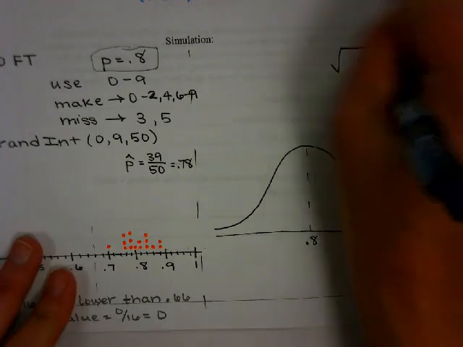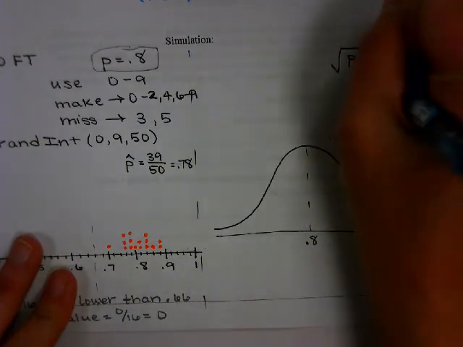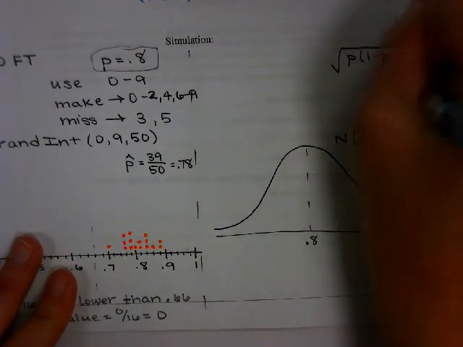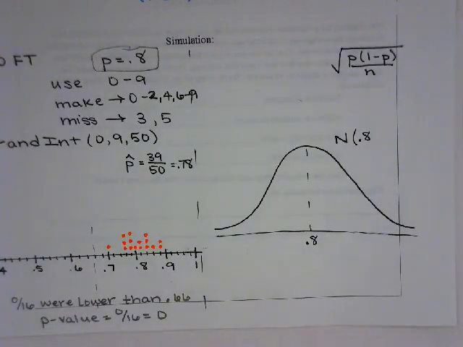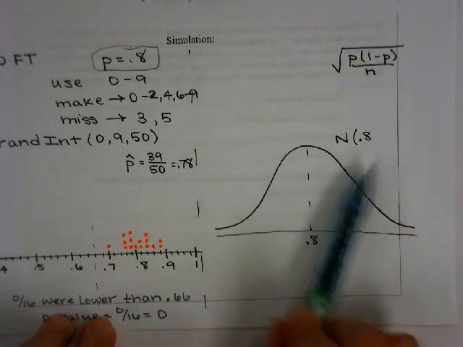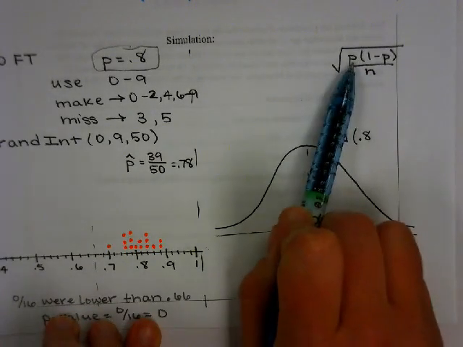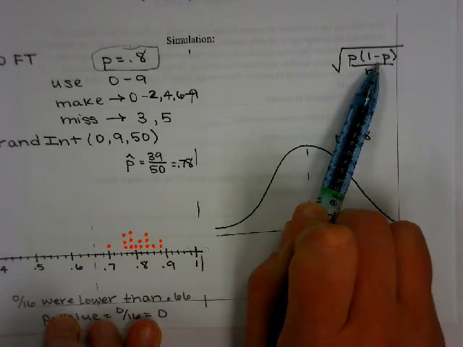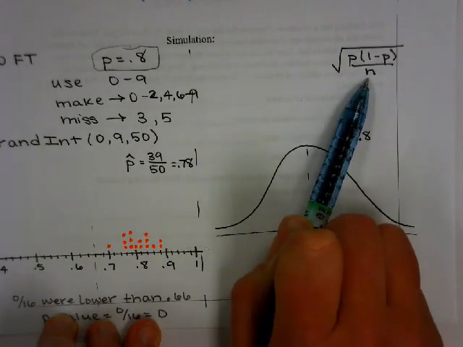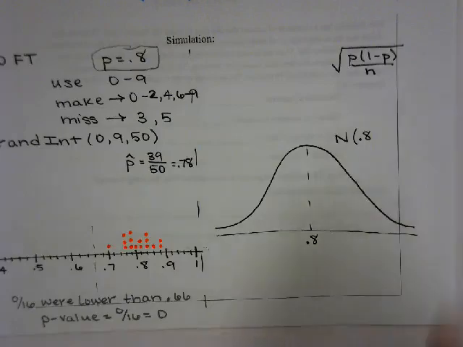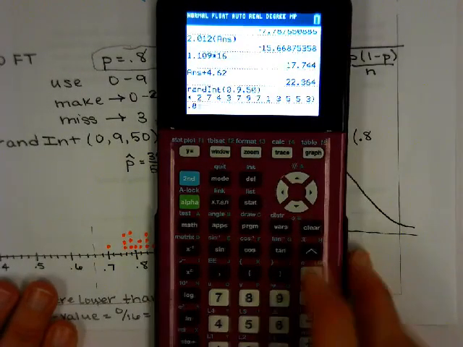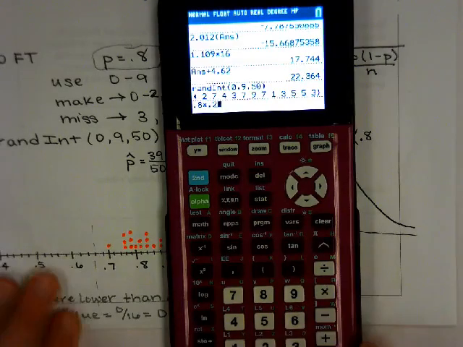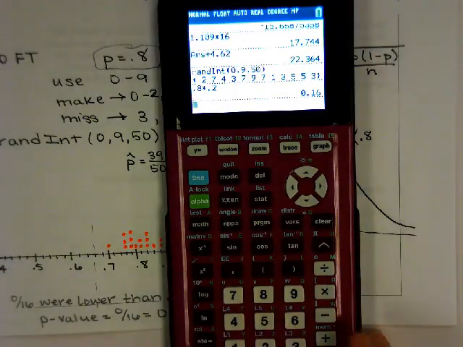So our standard deviation is going to be the square root of 0.8 times 1 minus 0.8 over n. She took 50 free throws, so n is 50. So 0.8, 1 minus 0.8 is 0.2. Then I'm going to divide that by 50 because she took 50 free throws, and then square root my answer. So we get 0.057 if I round.